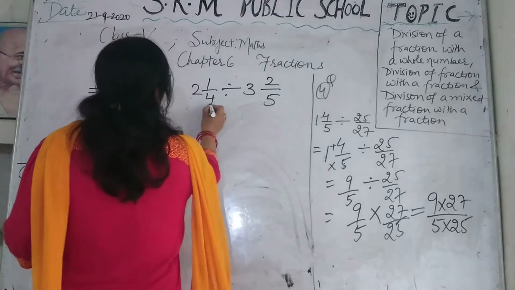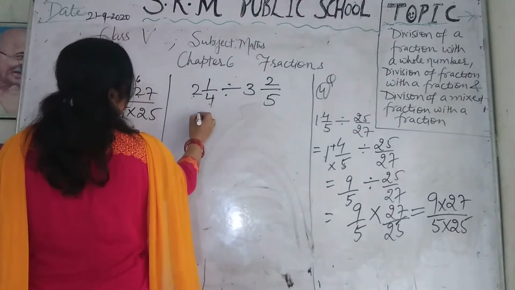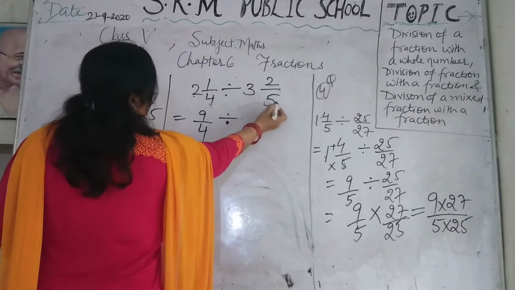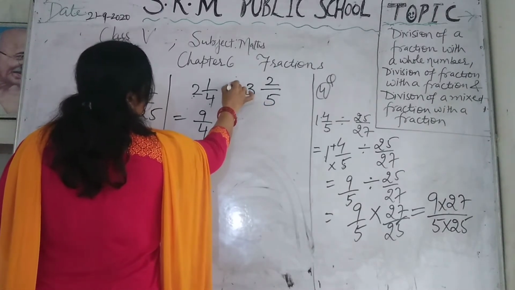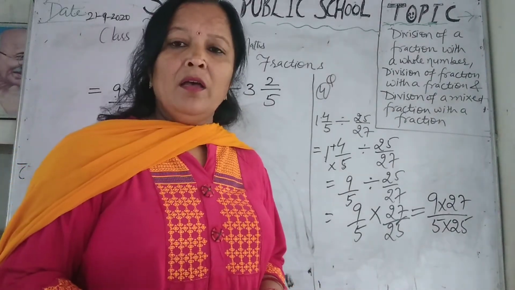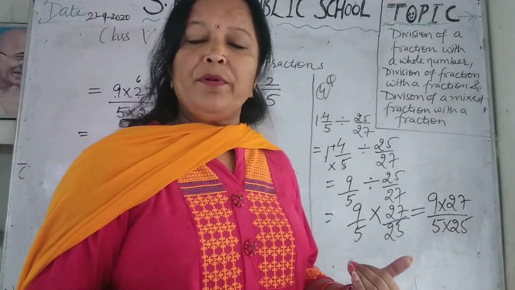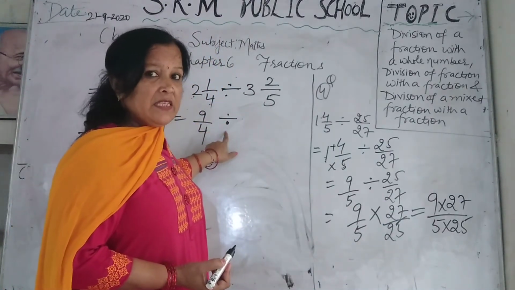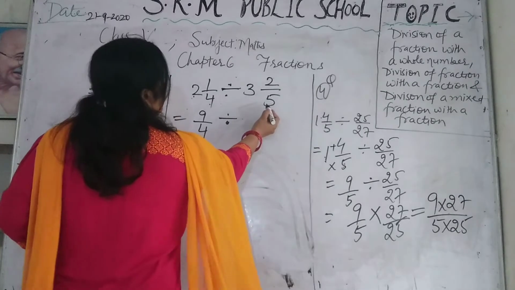4 2s are 8, 8 plus 1, 9 upon 4, divided by. When you are converting both of the mixed fractions into improper fractions, the division sign will still be there.